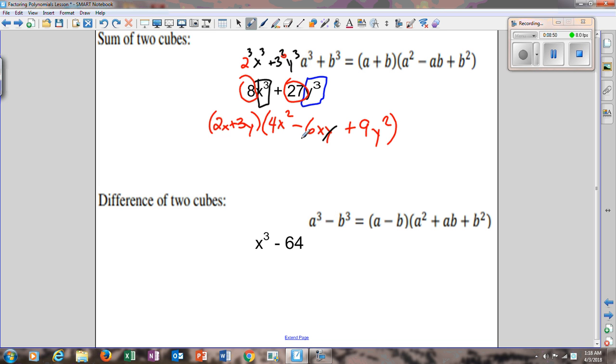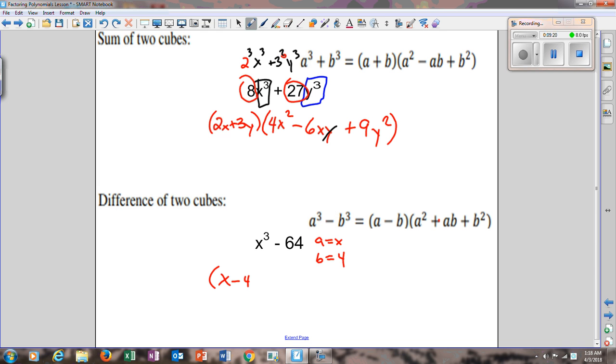Okay? Difference of 2 cubes. Kind of the same thing. The only difference is this is going to be a minus here instead of a plus, and a minus here instead of a plus, or a plus here instead of a minus. So you just flip where your plus and minus are. But x cubed, so that gives you that a is really x, and b cubed, it gives you that b is really 4.